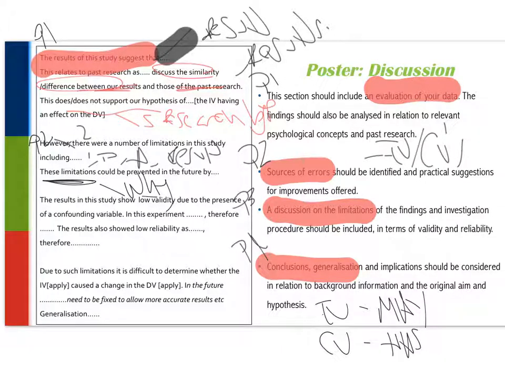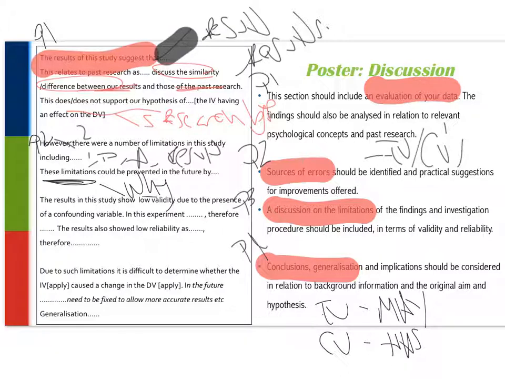So if you're telling me about a repeated measures design or matched participants, why does it eliminate or minimize participant differences? If we're using a similar word list of the same difficulty, why is it eliminating that CV? So the way you would structure this is talk about the EV, and then how you would fix it, then talk about the CV and how to fix it. Make sure that's really explicit.